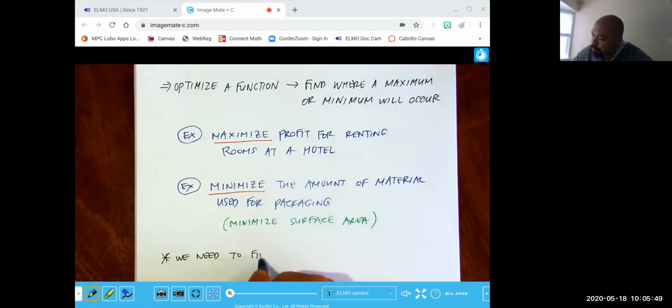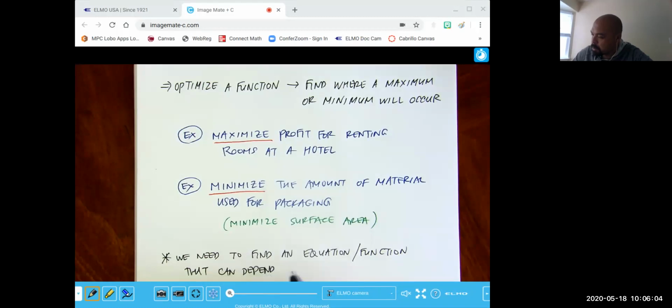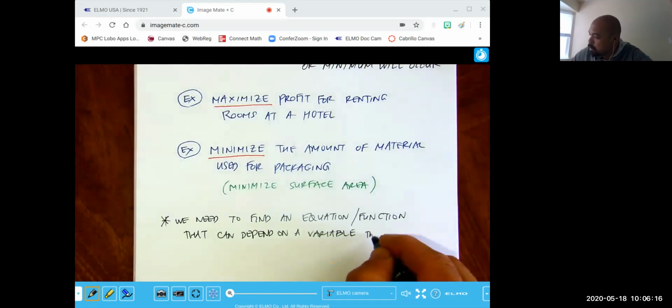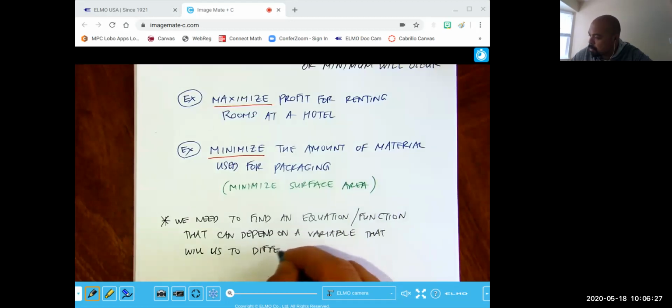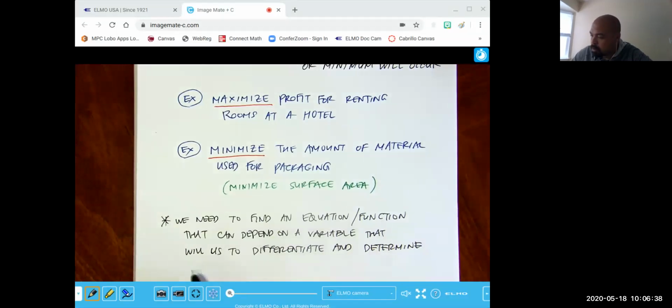We need to find an equation or a function that can depend on a variable that will allow us to differentiate and determine these locations, these values for maximums and minimums.